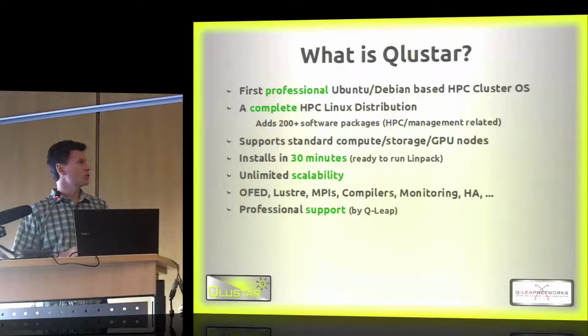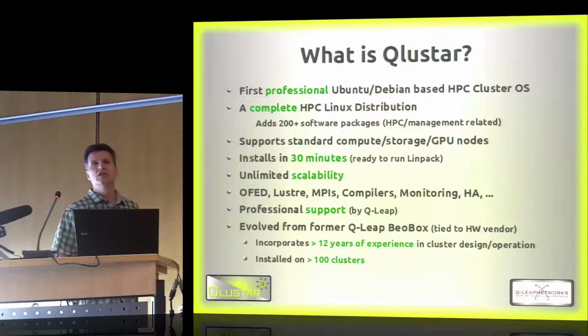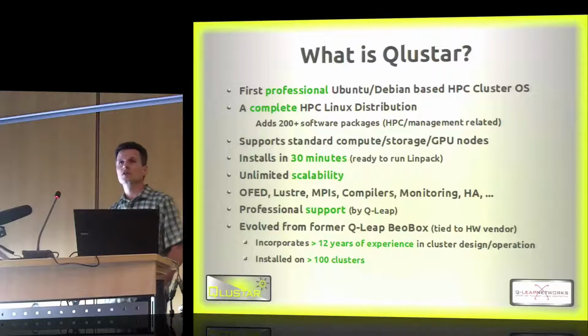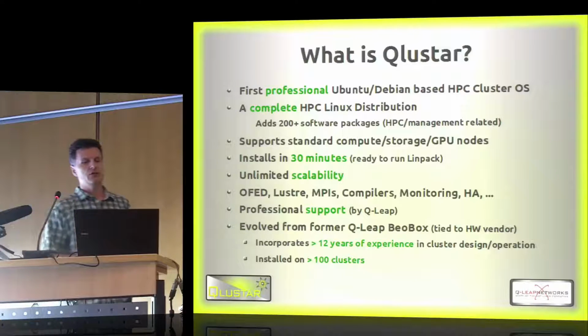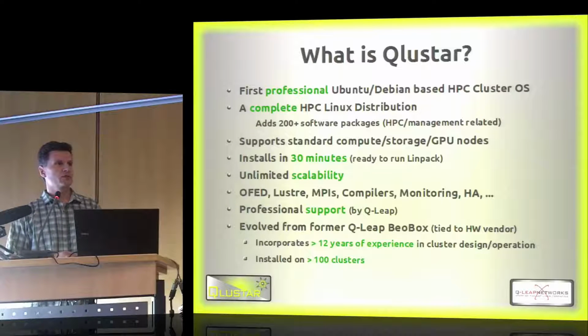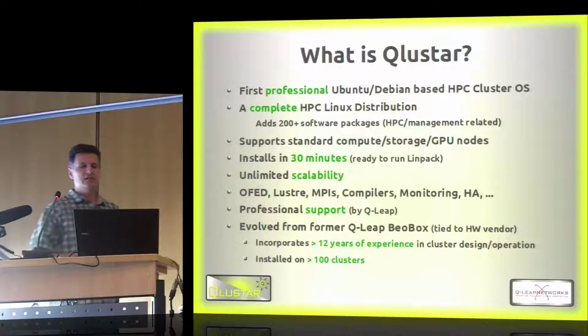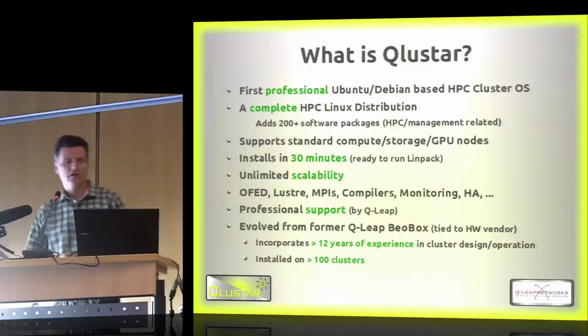And there is professional support provided by QLib Networks with different support levels as well. And as I mentioned before, it evolved from a product formerly known as QLib Beerbox, which was tied to a specific hardware vendor. And it actually incorporates more than 12 years of experience, I mean real 12 years, not man 12 years, in cluster design and operation, and is installed on more than 100 clusters.